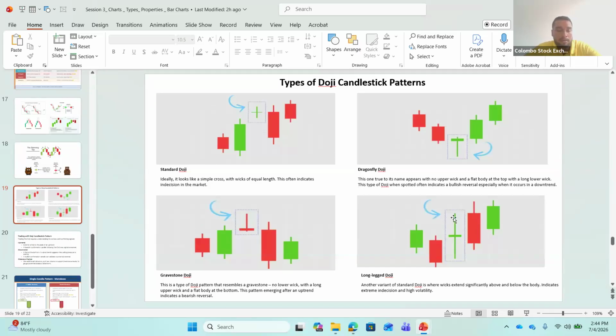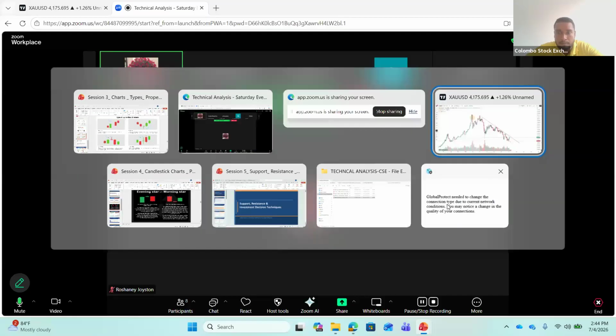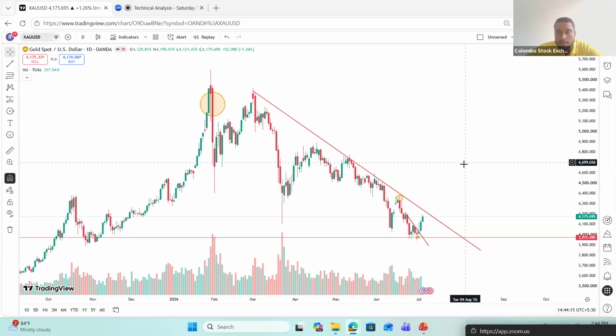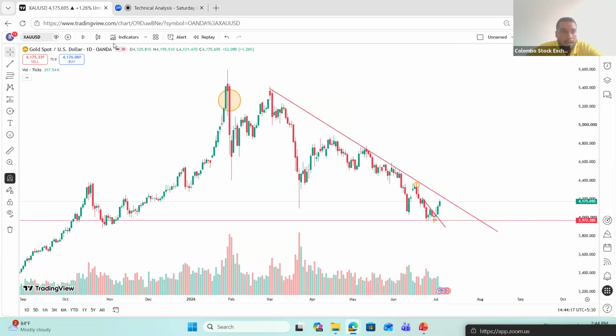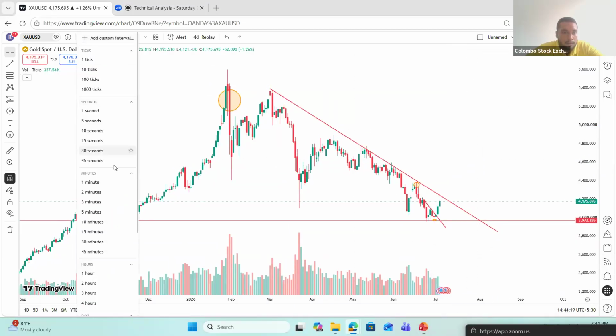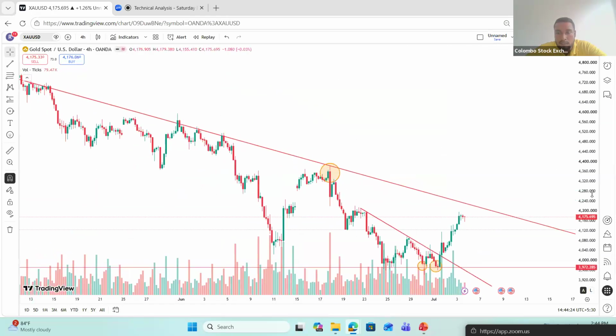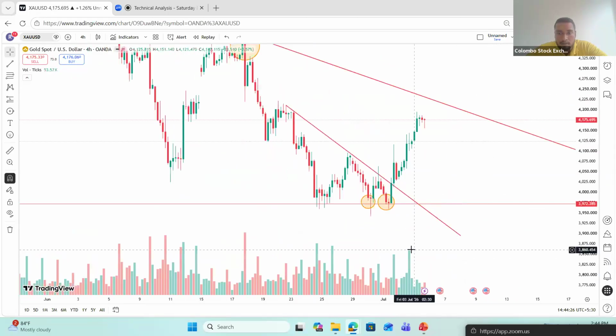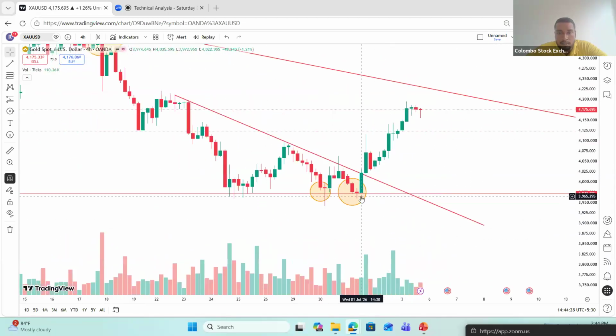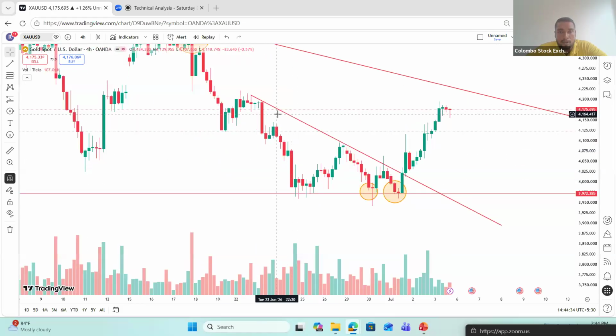I also marked some of the dojis on a chart. Let me show you. I marked them on the 4 hour time frame. Here you see dojis. These are two dojis, and they occurred at the end of this downtrend.